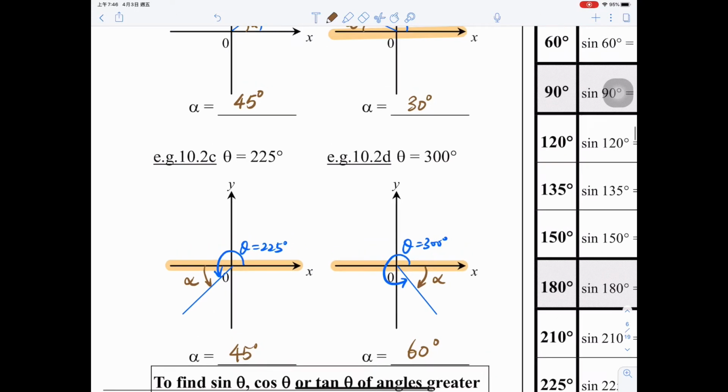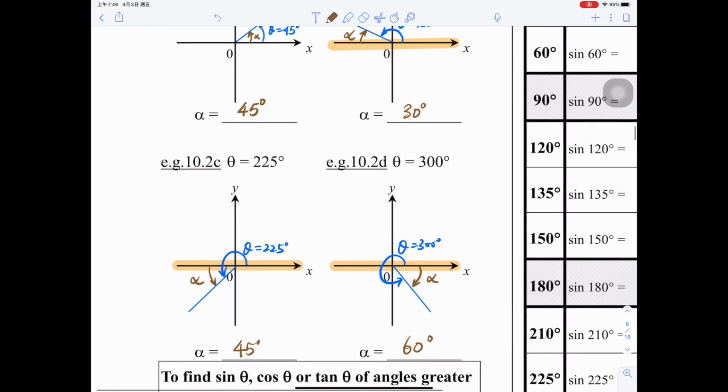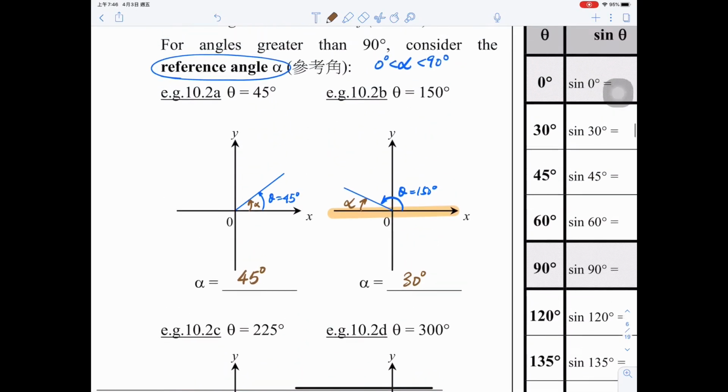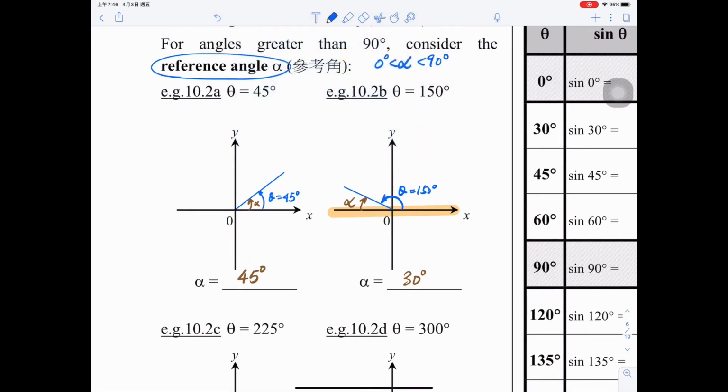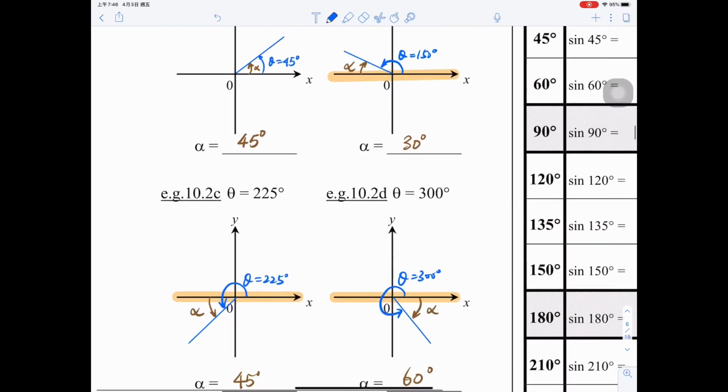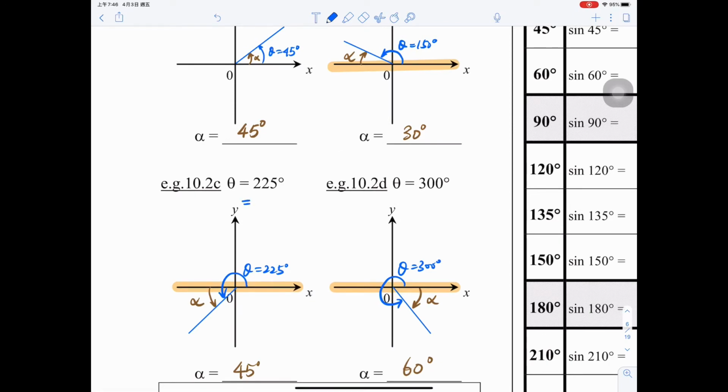So when we talk about this one, let's have a look. 150 degrees, that means this one is 180 minus 30 degrees. How about this one? You will think that it's 180 degrees plus 45 degrees. How about 300 degrees?